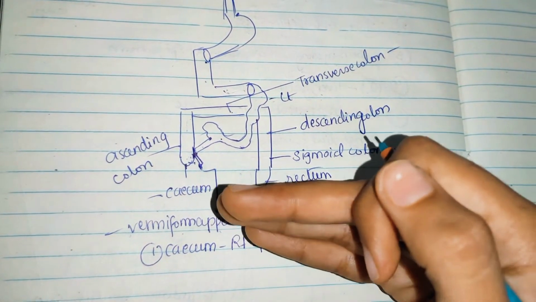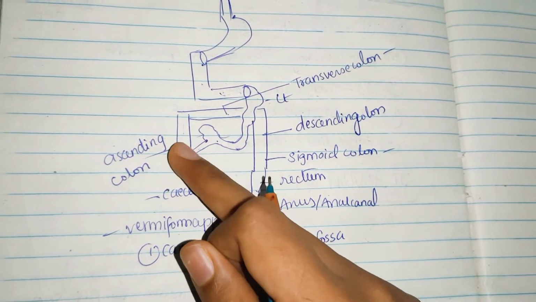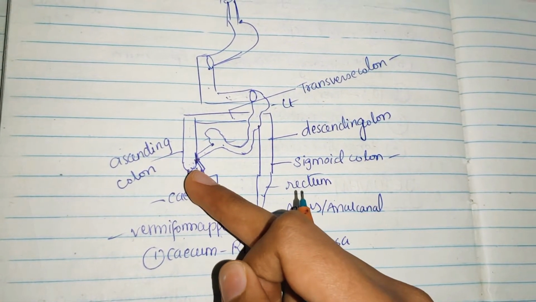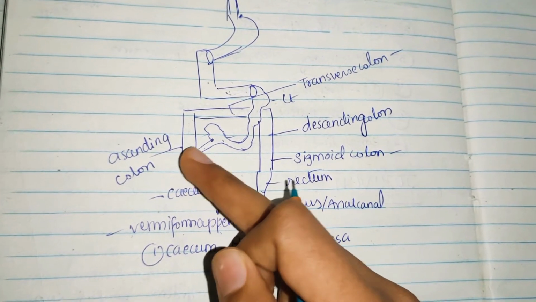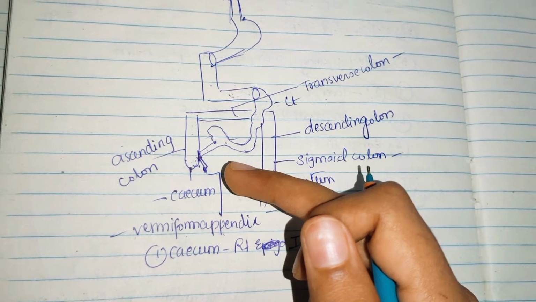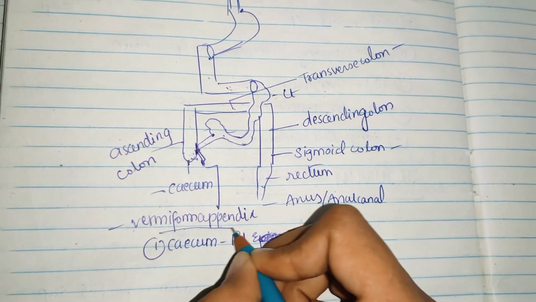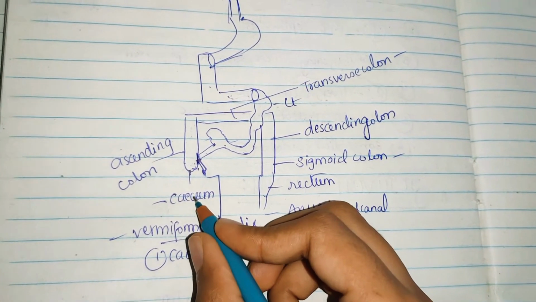It is present above the lateral half of the inguinal ligament, and it communicates superiorly with the ascending colon at the level of the cecocolic junction, and medially with the ileum. Posteromedially it has the appendix.